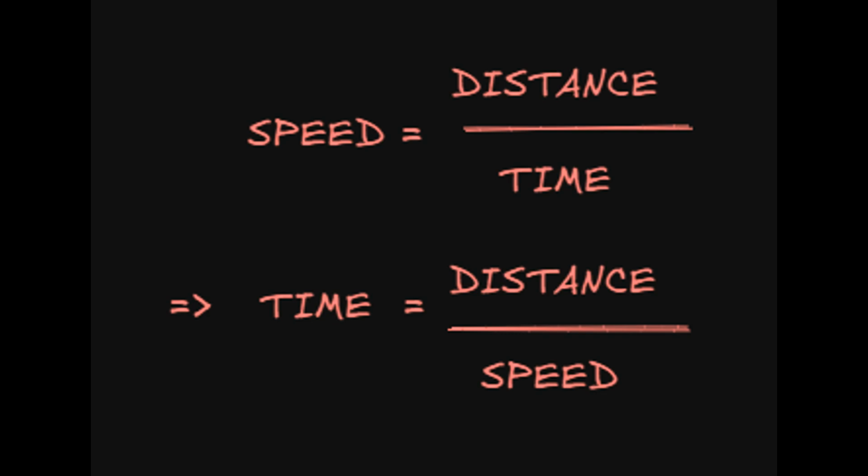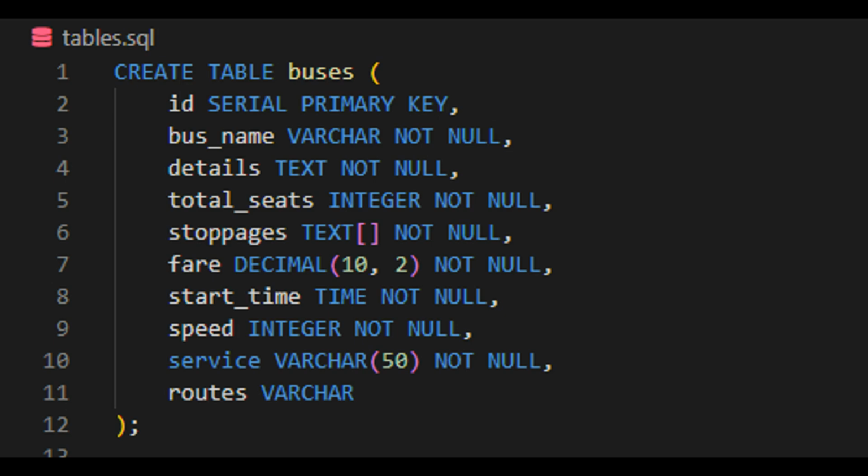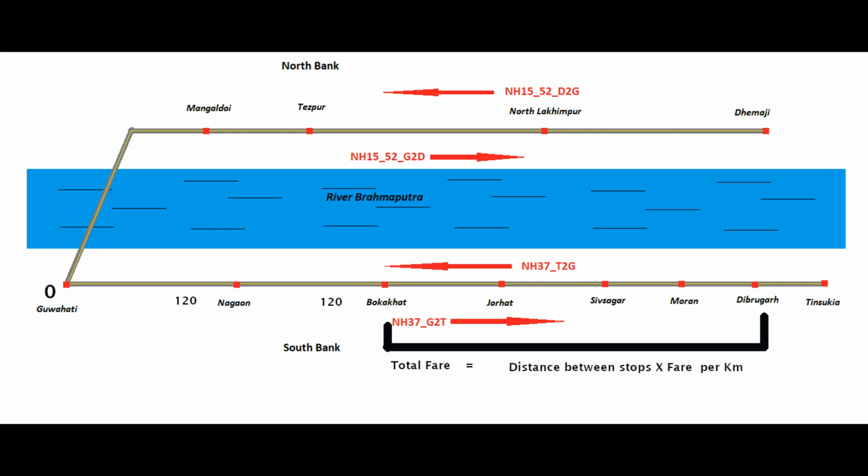To do that, we will use this formula: speed equals distance by time, and time will be equal to distance divided by speed. We have the average speed of each bus stored in the database, and we can calculate the distance from the bus routes table. Here we store the distance between the stops.